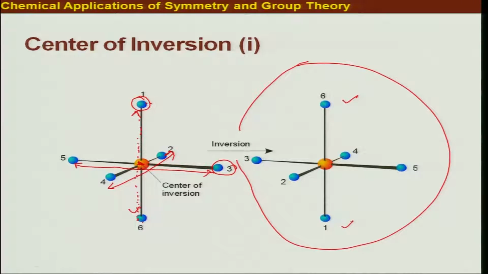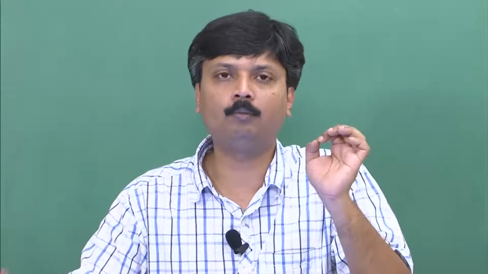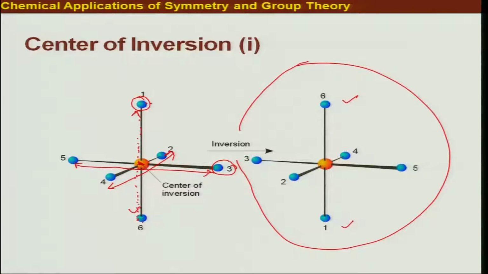So whenever you have a center of inversion and you want to operate that particular operation on any given molecular structure, the rule of thumb is all the atoms or bonds which are disposed on 2 different sides of this particular point in the space, they will interchange their positions, right? So we can see here 2, 4, 3, 5, 1, 6, they are all interchanging their position.